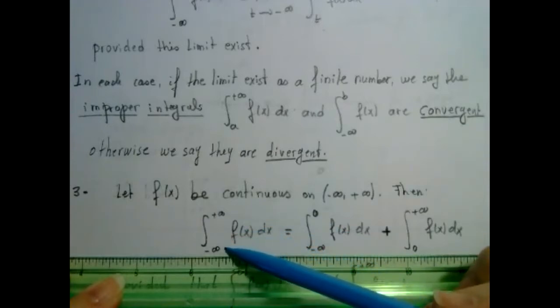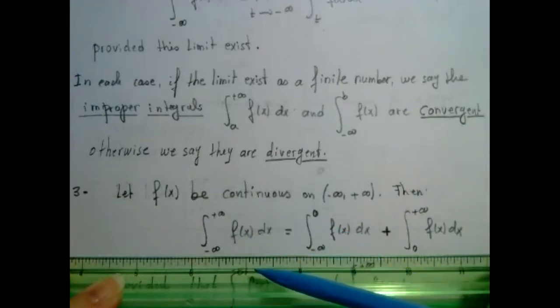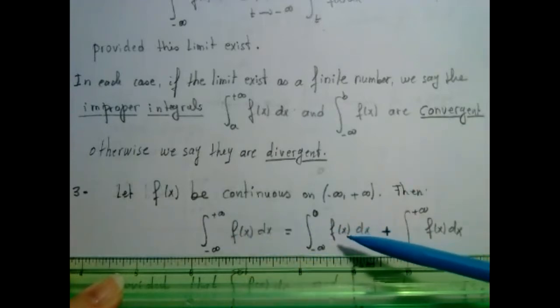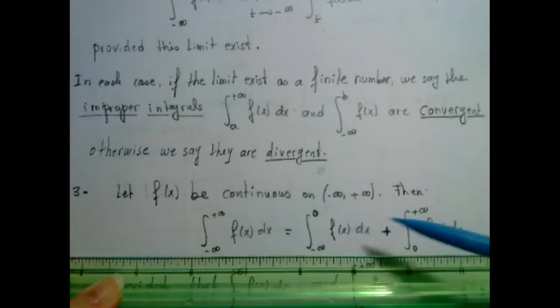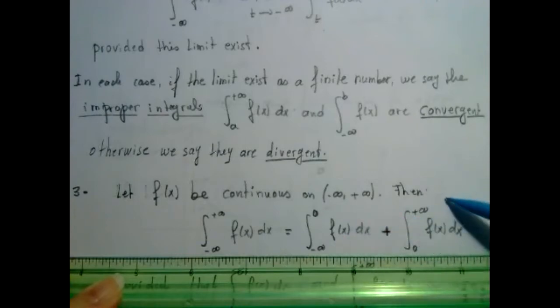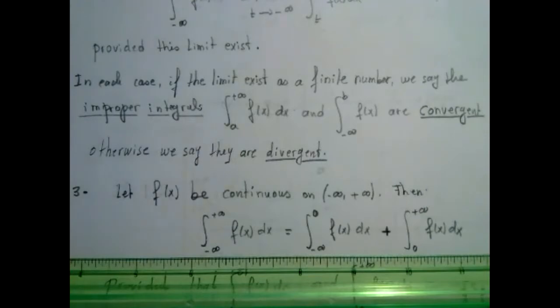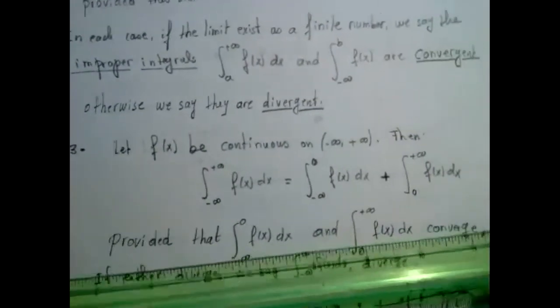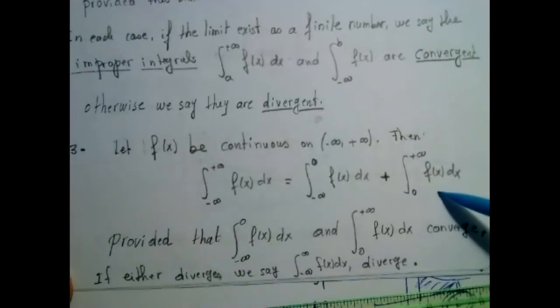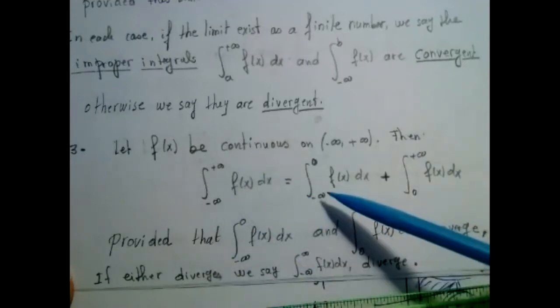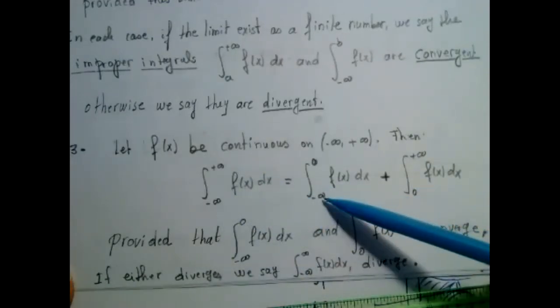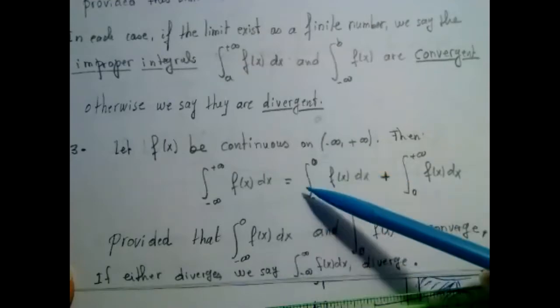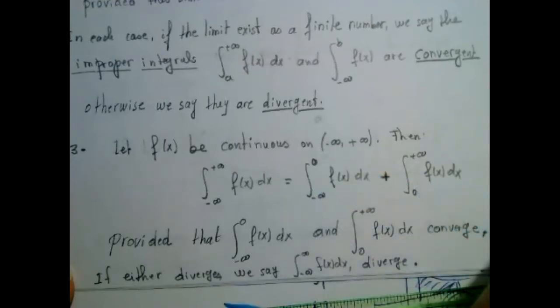Then the integral from minus infinity to plus infinity of f of x dx is defined to be the integral from minus infinity to 0 plus the integral from 0 to plus infinity, provided that both integrals converge. So from minus infinity to infinity, we define it to be the sum if both converge. If either diverges, then we say that the integral diverges.